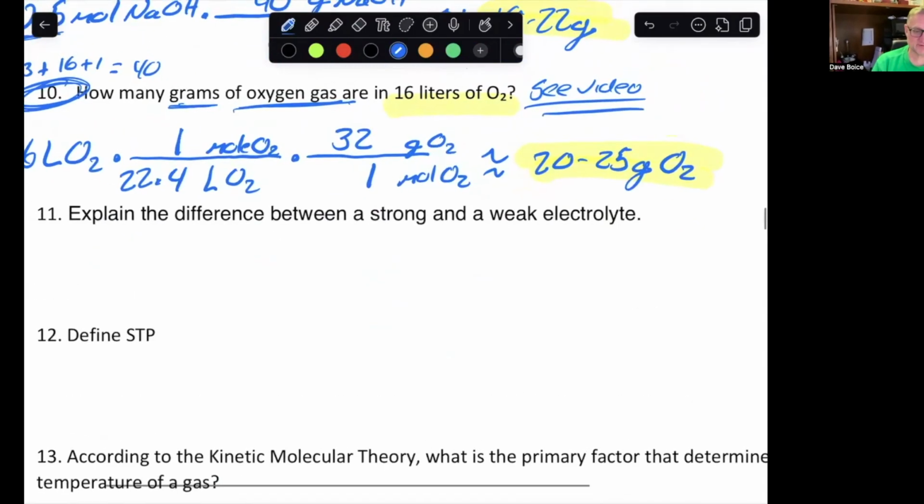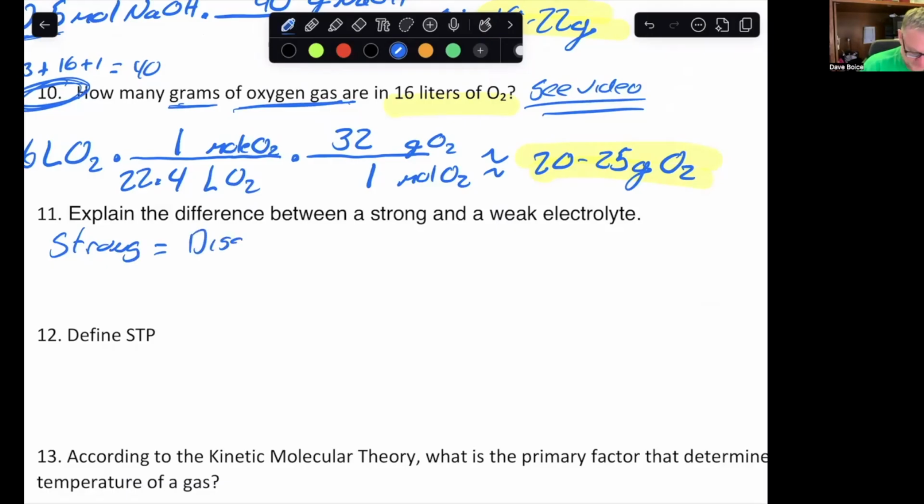Okay, what is the difference between a strong and a weak electrolyte? So if you will recall, strong equals dissociates completely into ions.